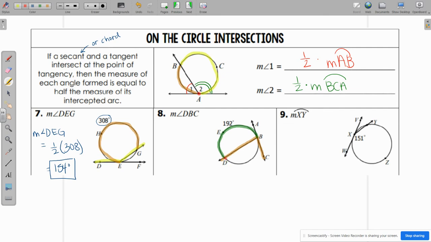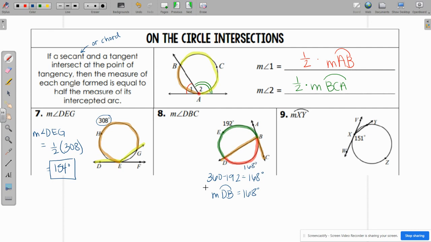So we could find the measure of this arc over here in red. If we take 360 and subtract 192, we would get 168 degrees. So I know that the measure of arc DB is 168 degrees, and we could put that right out here to label it.